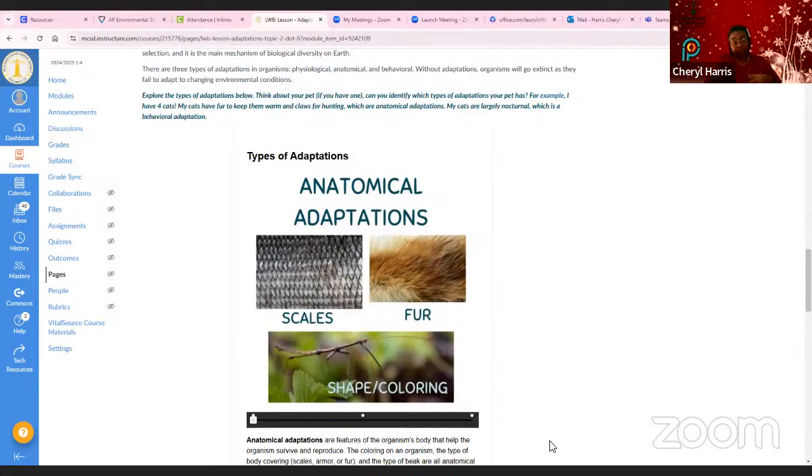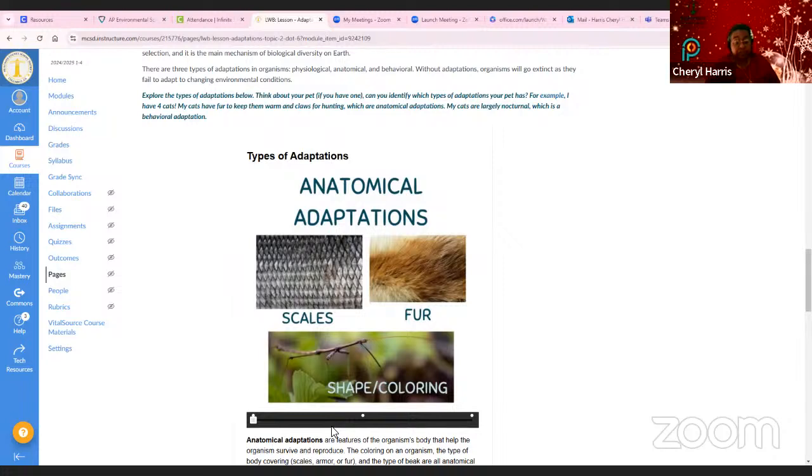Like Nemo, the clownfish, they are adapted to be immune to the sting of the sea anemone, so they can live inside a sea anemone because that stinging cell doesn't bother them. It bothers other organisms, but it doesn't bother them. So they have anatomical adaptations that allow them to survive their area, not be preyed upon, or survive the conditions that they live in.